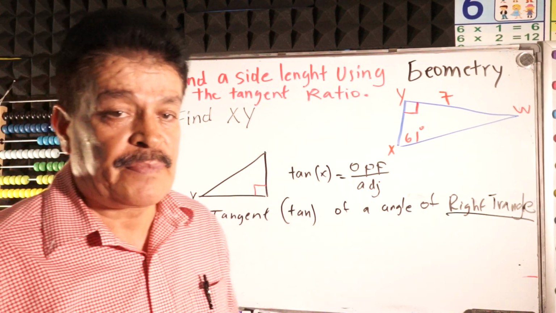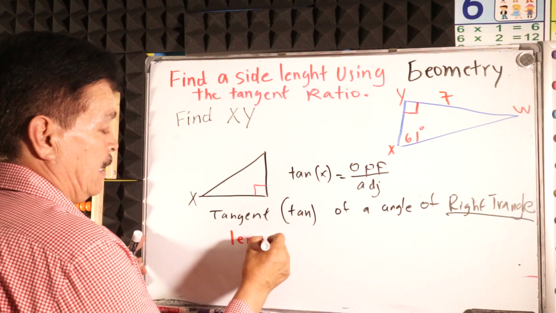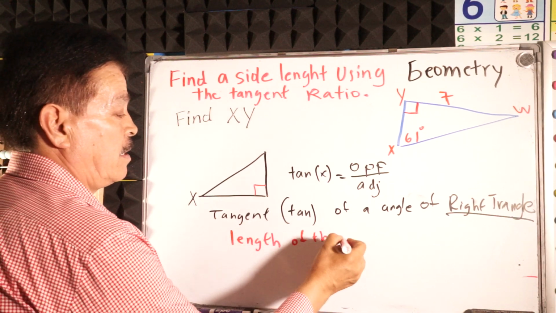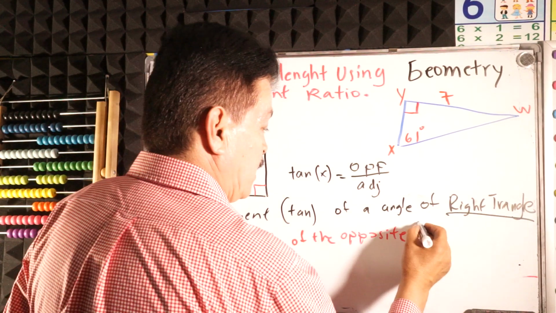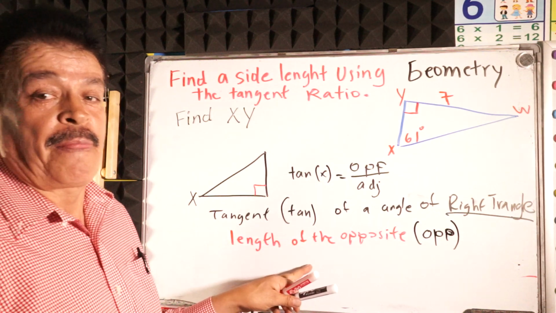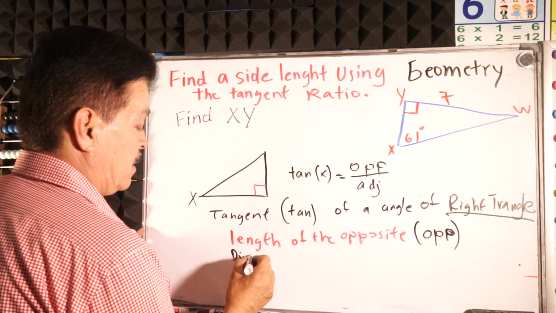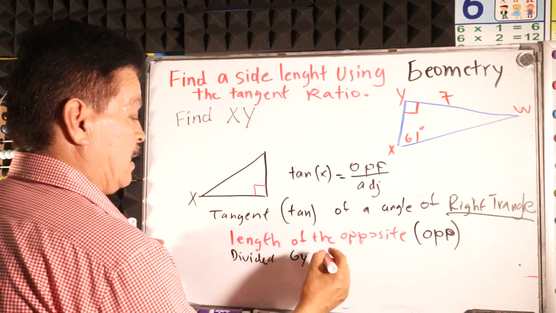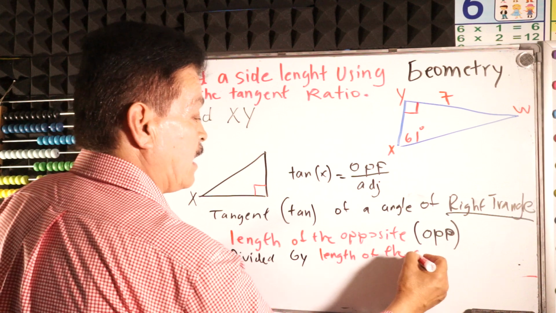It is the length of the opposite leg, divided by the length of the adjacent leg.